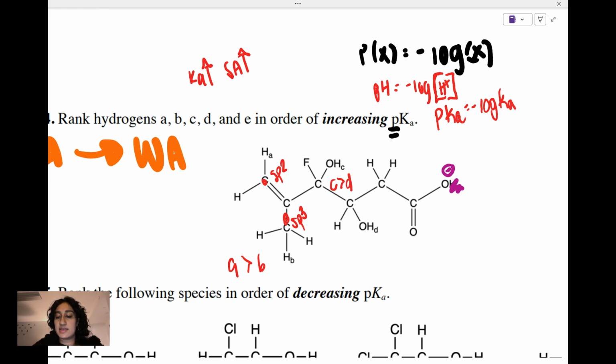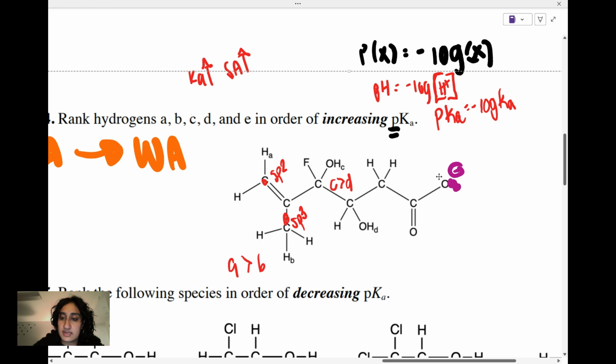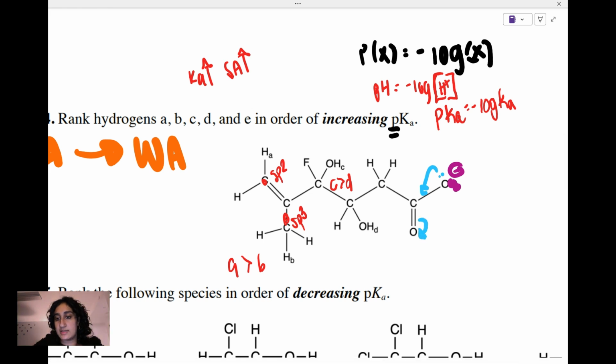Okay, now let's look at C and E. Okay, E, what's going on at E? The beautiful thing that we know as resonance, right? So we have resonance at E. These lone pairs can come and connect here, break this pi bond, and push those electrons up onto the oxygen.